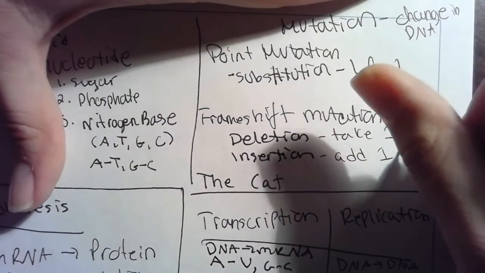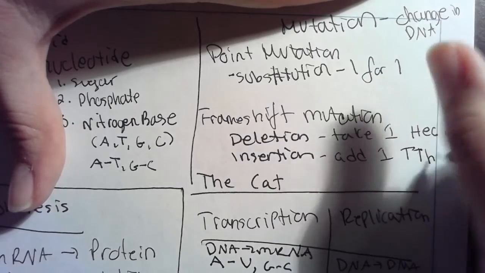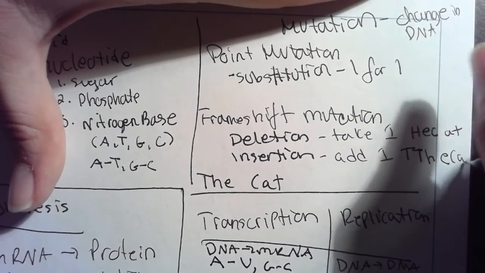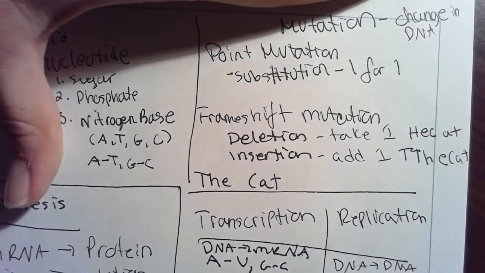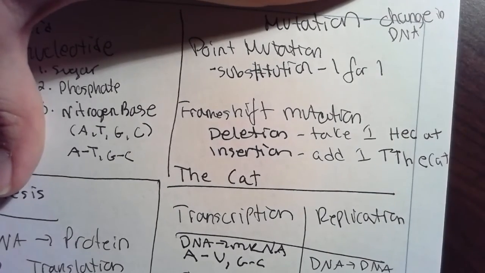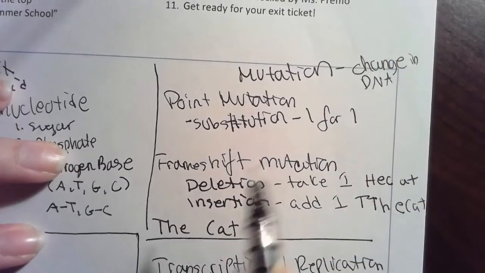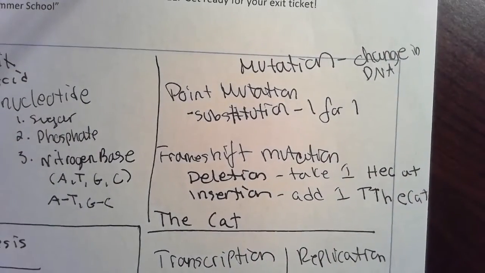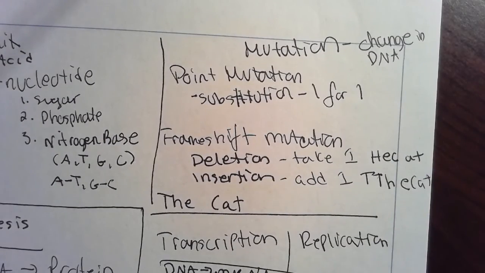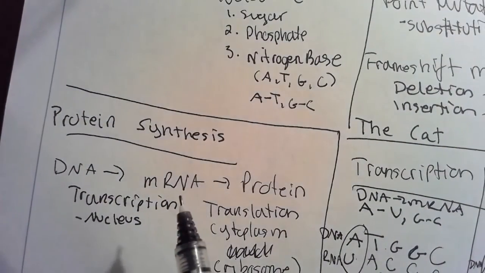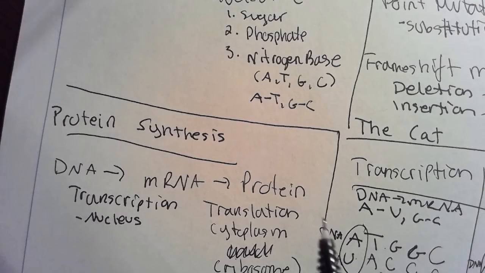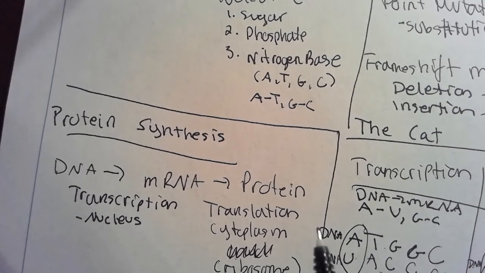Alright, so let's say it's T, T, H, E, C, A, T. So this is the ekati. Again, have no idea what that says. It makes no sense. Hence, I shifted the entire reading frame. I shifted how I read this DNA sequence, which means that when we transcribe it and translate it into these different protein languages, then the protein itself may not make any sense either.